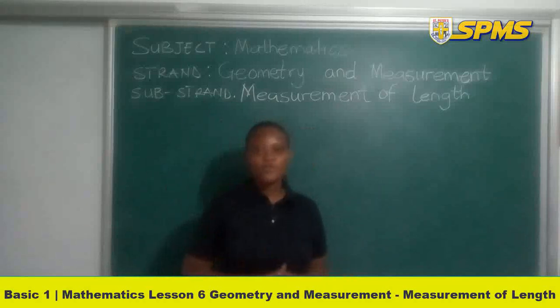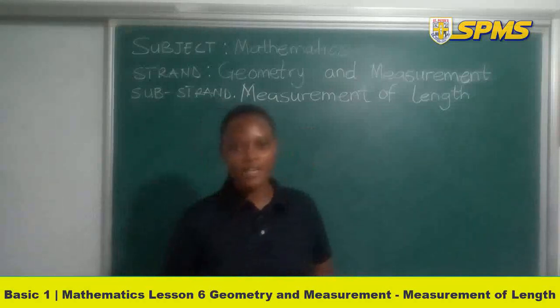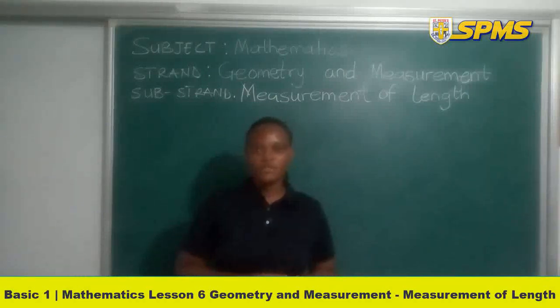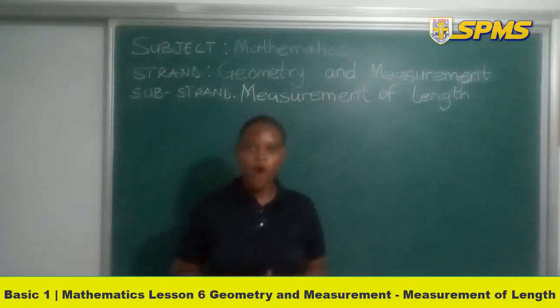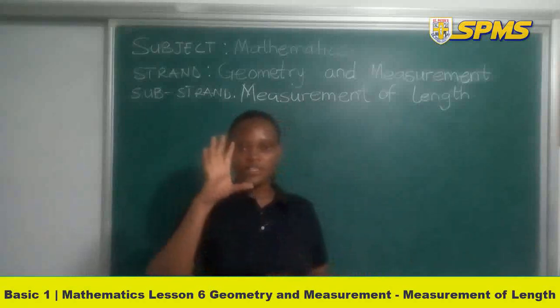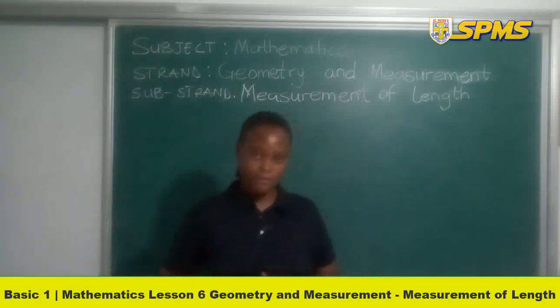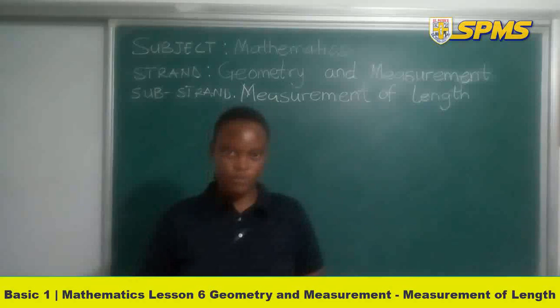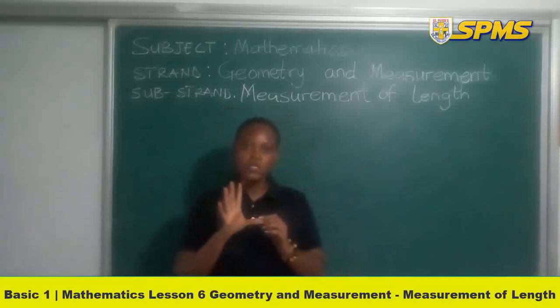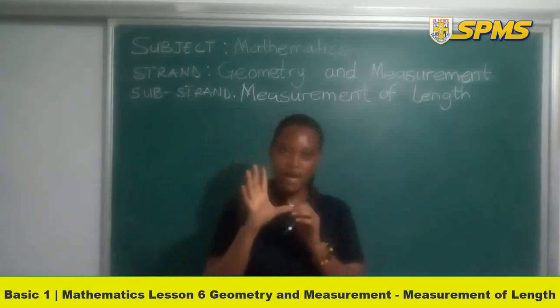To be able to compare two or more items, we can use certain parts of our body to measure before we can compare. These parts are the arm and then the foot. We can use our hand, which is known as the hand span.